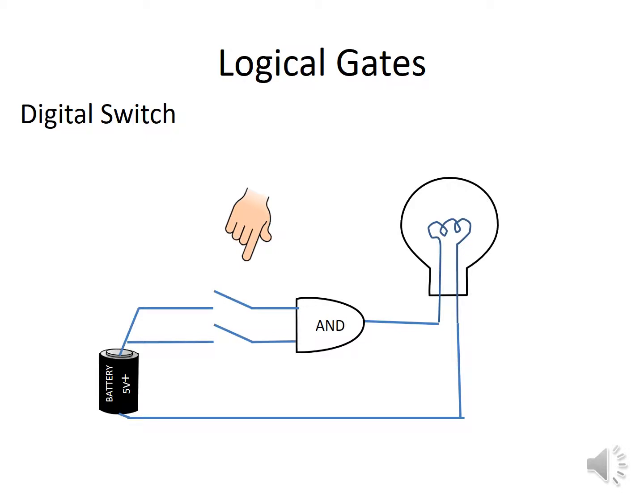So imagine now I've got two switches, push button switches again, connected to a battery. The first switch, nothing happens. I've got electricity coming in, but an AND gate will only allow electricity to flow out if both the first and the second input are switched on.